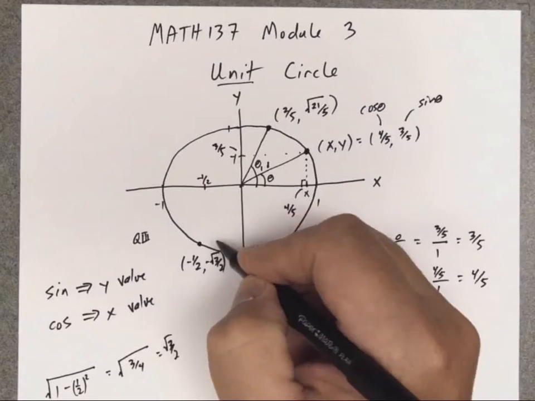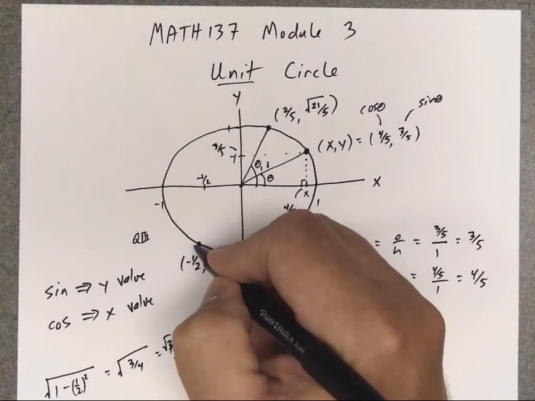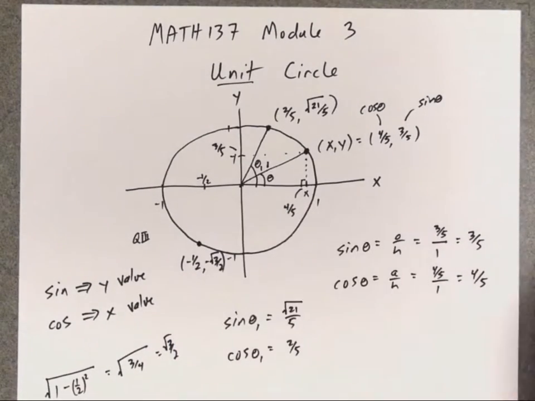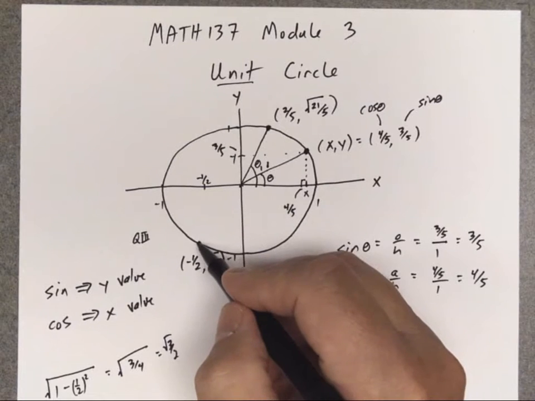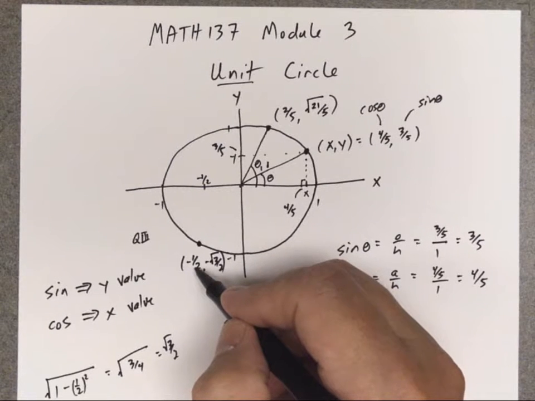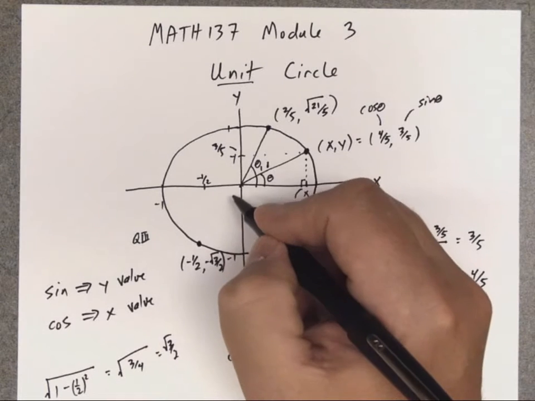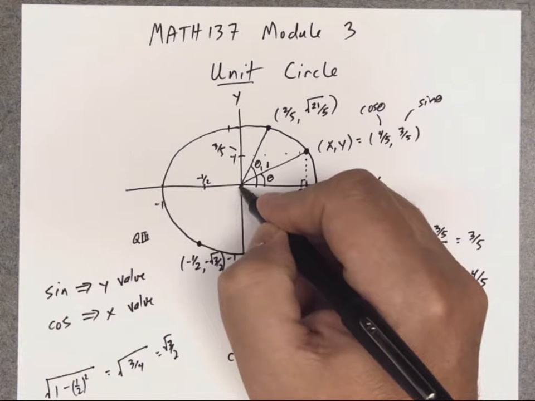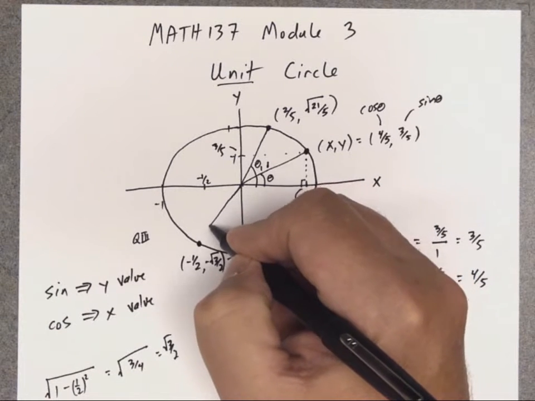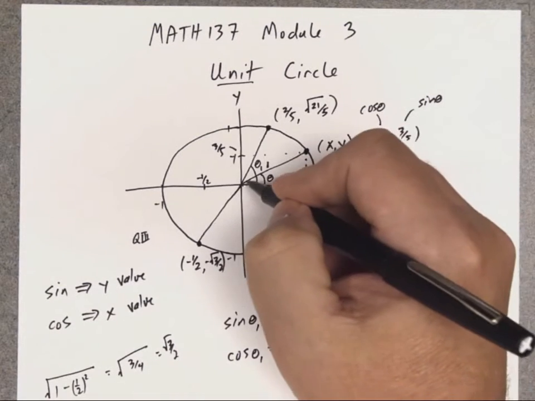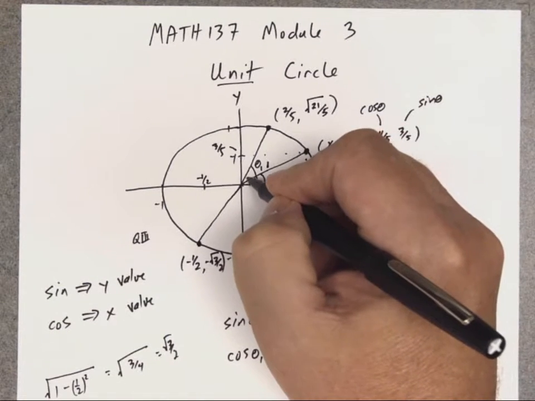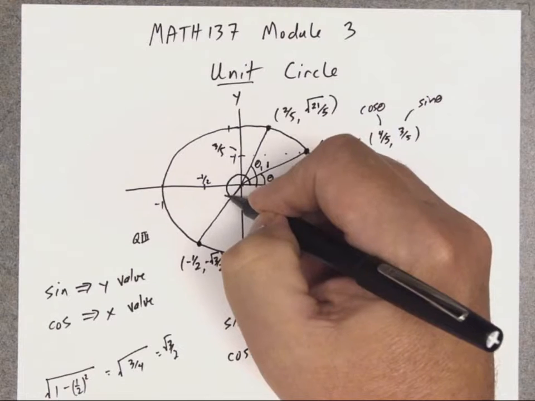So the key thing is, don't worry about this. The key thing is here's another point on my unit circle, and I've determined the x value is negative 1/2 and the y value is negative square root of 3 over 2. And now I want to know the trig functions of this angle. Well, this angle starts here and goes all the way over here.